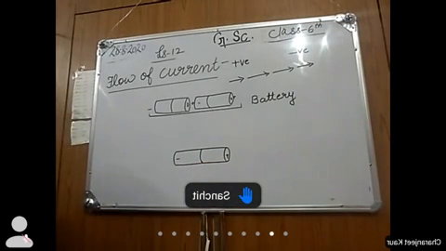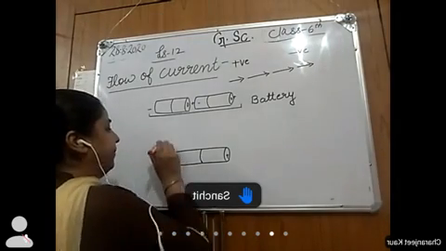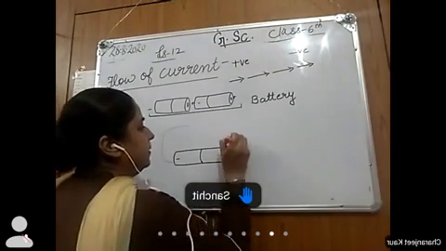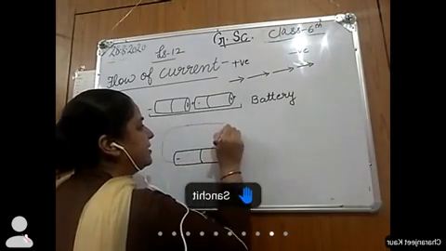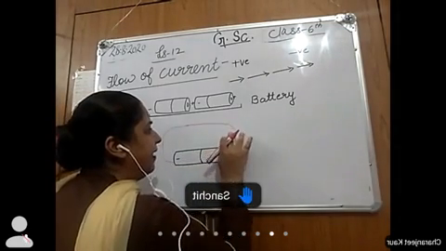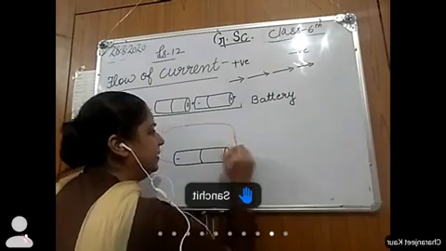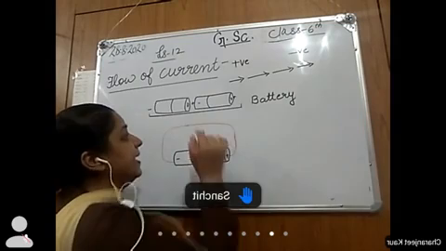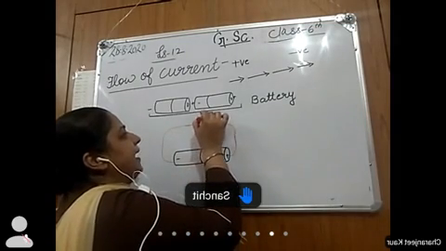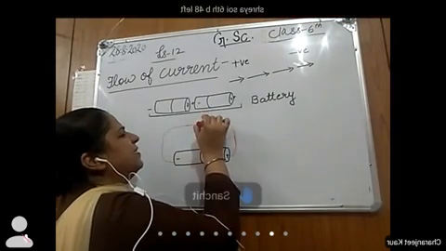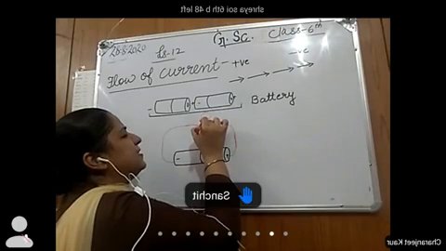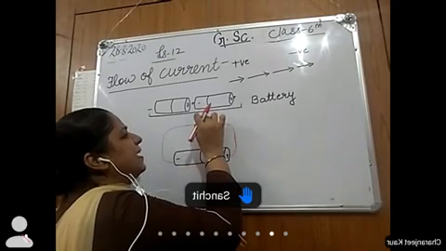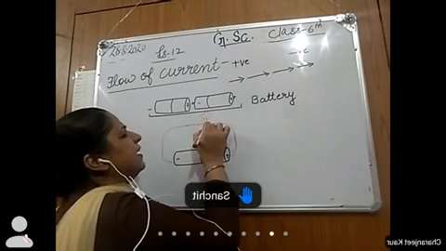What will happen if I join the wires through a cell? I have joined a wire to a cell. I have not placed any lighting object. There is no switch, nothing.